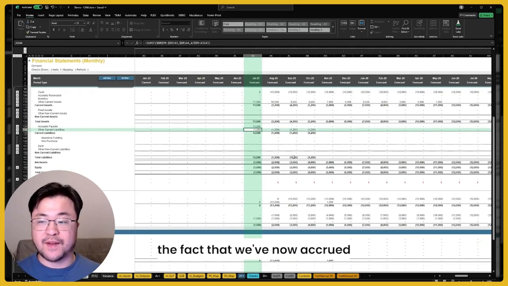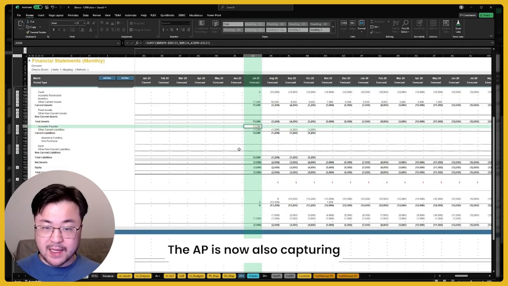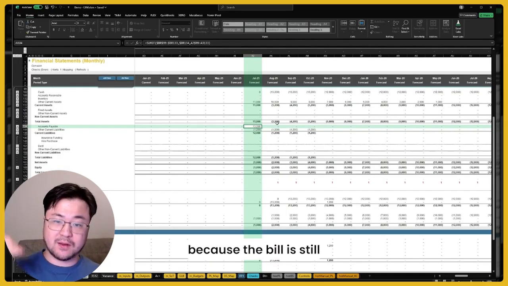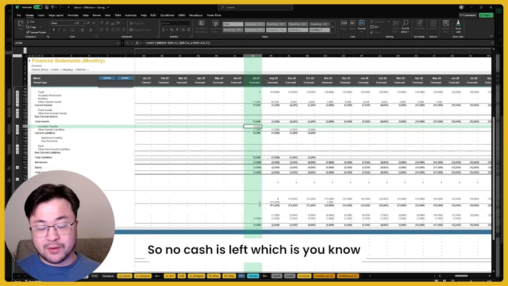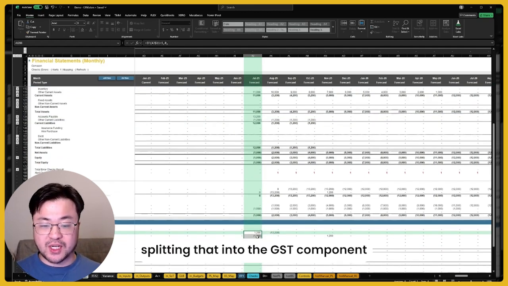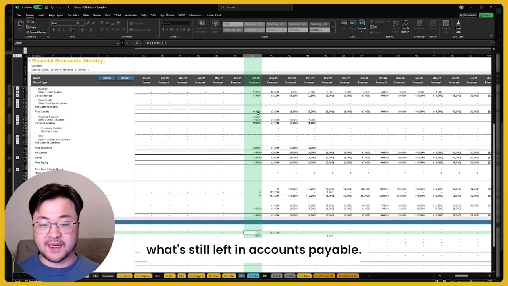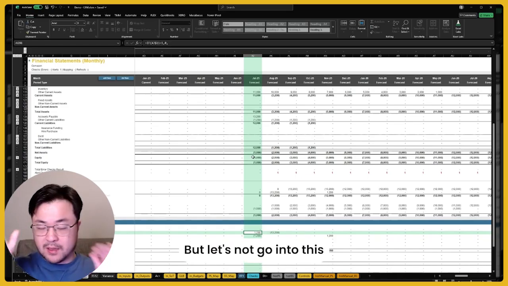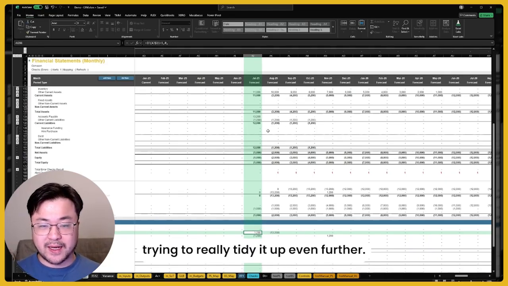It's just the fact that we've now accrued for the GST receivable. The AP is now also capturing that full outstanding, because the bill is still 12,000 plus the GST that we need to pay. So no cash is left. We're just splitting that into the GST component and what's still left in accounts payable. We can do a bit of a split if we want to tidy this up, but let's not go into it. It's a bit overkill trying to tidy it up even further.